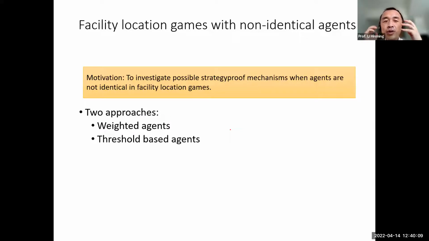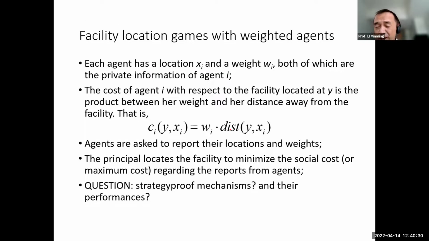And then similar stories happen here. Weight will also be very natural for our agents. Okay. Now, here we talk about two versions. One is weighted agents. The other is threshold-based agents. And I will tell you the story about threshold-based agents very soon. Now we start with weighted agents. What are weighted agents?